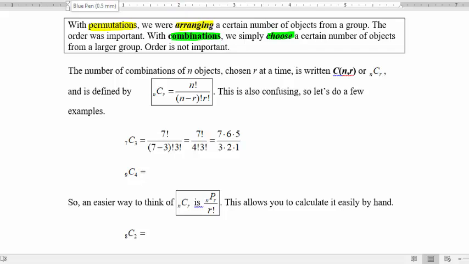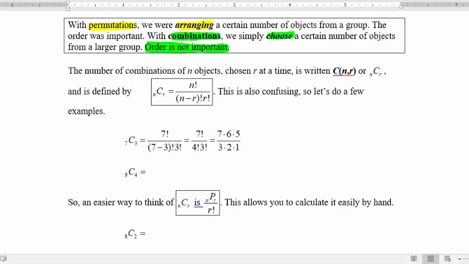So you might have 8 objects and you're choosing 3 of them at a time, or 5 objects, choosing 2 of them at a time, and so on. The difference is that order is not important. That's the most important thing to remember: in permutations, order is important; in combinations, order is not important.